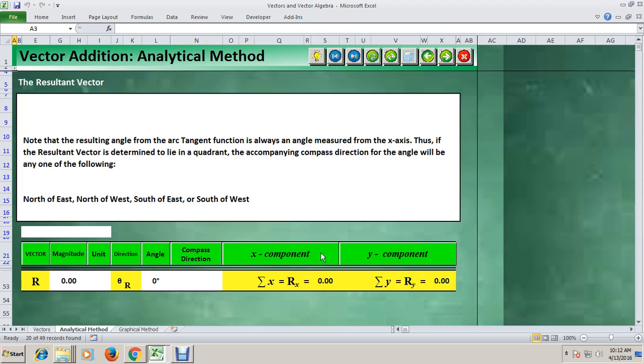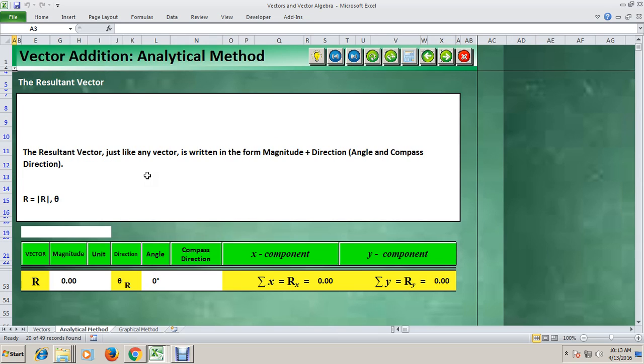If the resultant vector lies in the first quadrant, the associated direction for the angle we compute from the inverse tangent function would be north of east. If the vector lies in the second quadrant, the angle would be north of west. In the third quadrant, it would be south of east, and in the fourth quadrant, it would be south of west.